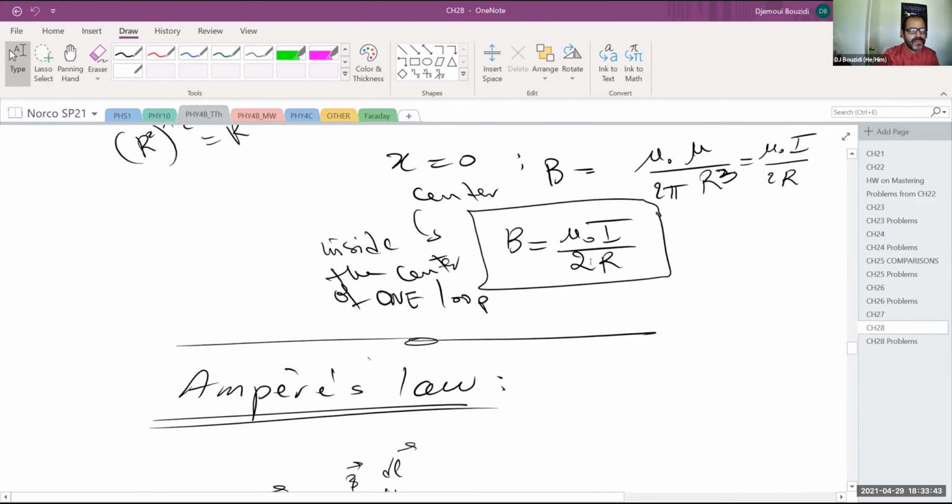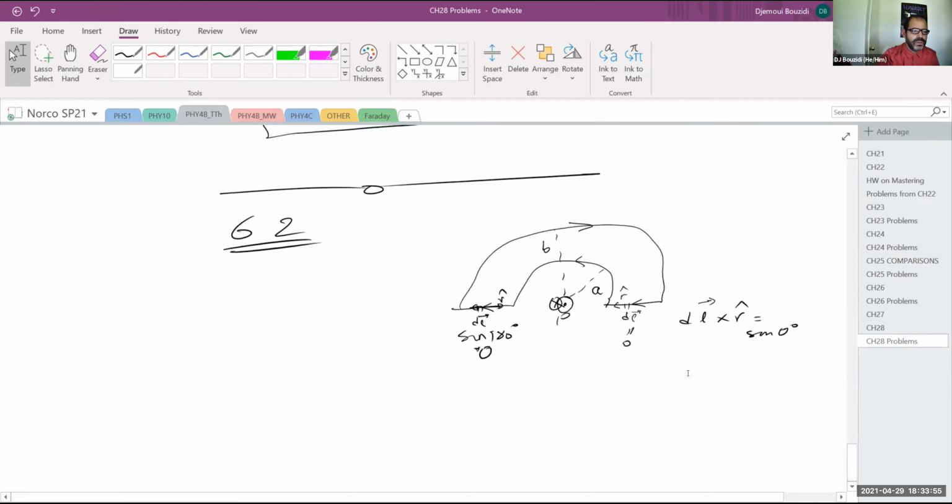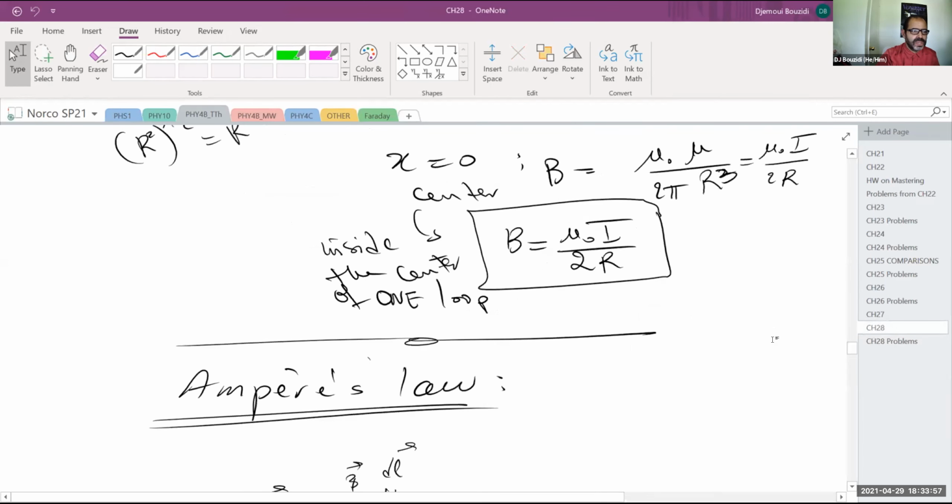So this is the value that we ended up with for the center of the loop, except we don't have a full loop, we have half a loop. So the contribution is going to be just half. So it's going to be mu naught, and then I have to use the specific radius.